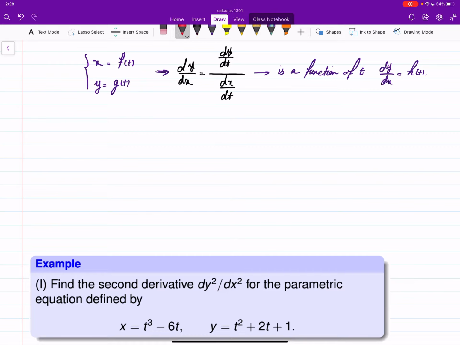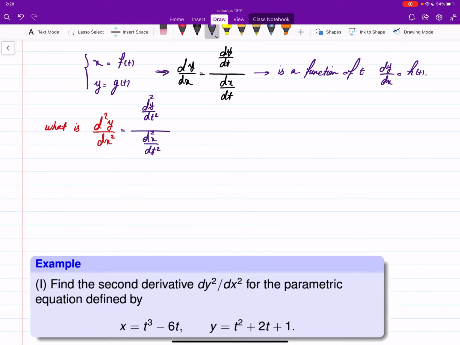Then you can go ahead and ask, what is the second derivative? How do you find this one? Well, the first thing that you may try to do is differentiate y twice with respect to t, divided by twice with respect to t for x, and divide these. Oops, I'm using the wrong notation here.